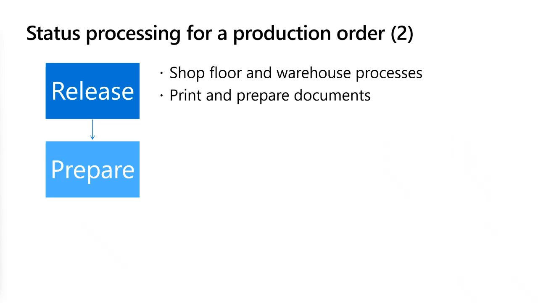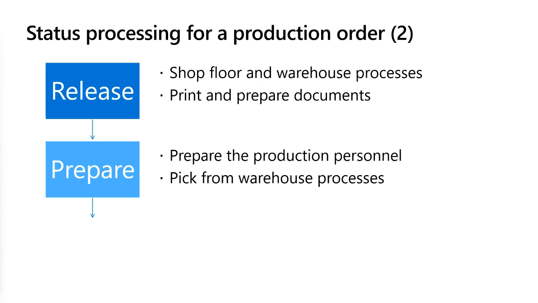The next step in the production, which doesn't actually represent a status on the production order, is the prepare phase. Hence, I used a different color coding here. In the prepare phase, usually you prepare the production personnel for the production order that needs to be executed. You pick from warehouse processes to provide the material to the production area.